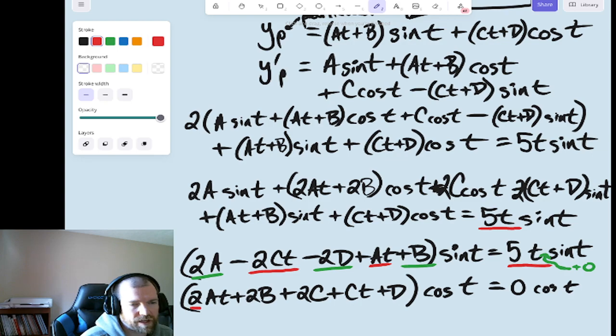I just like the bookkeeping to make sure everything's going to be the same. So here we've got a 2at and a ct, which are going to sum to 0, and also a 2b, 2c, and d, which are going to sum to 0.